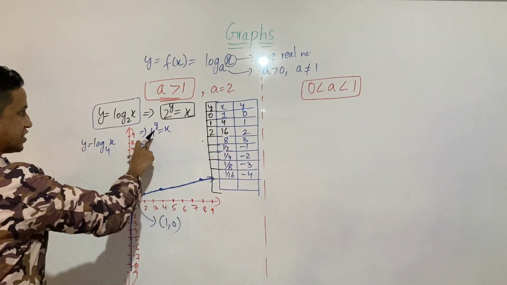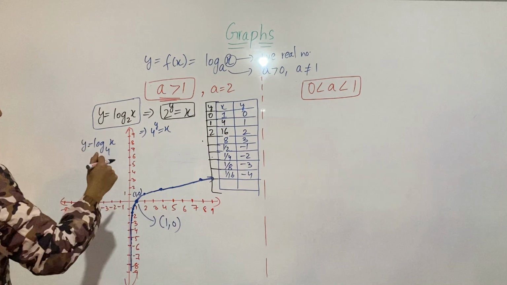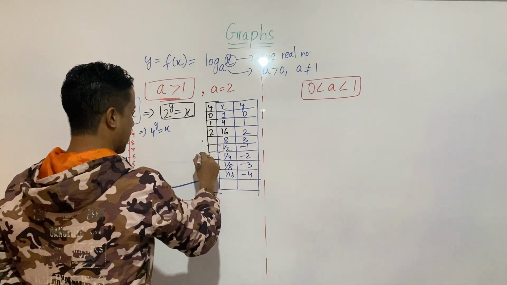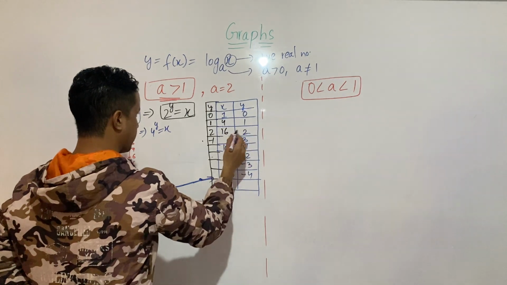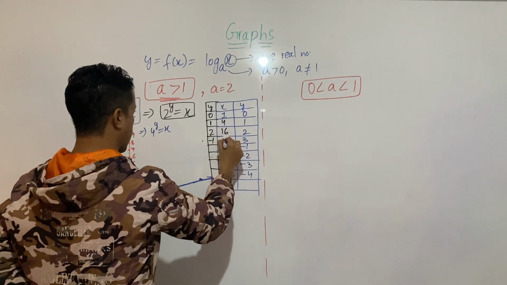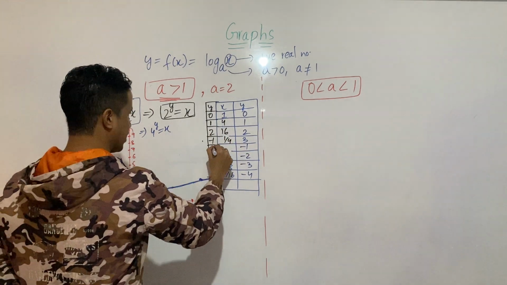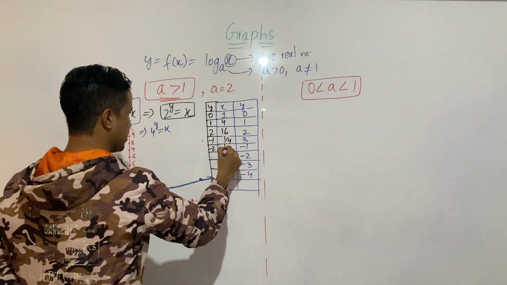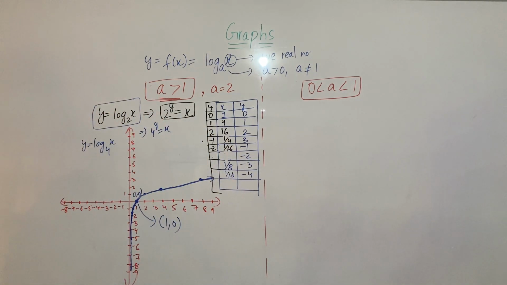If we take some negative values, y minus 1, then it's going to be 1 by 4. Okay, if we take y minus 2, it's going to be 1 by 16. Okay, so I think we have enough values.